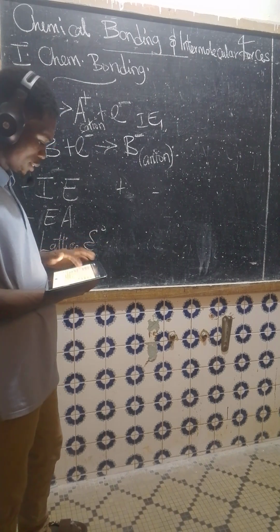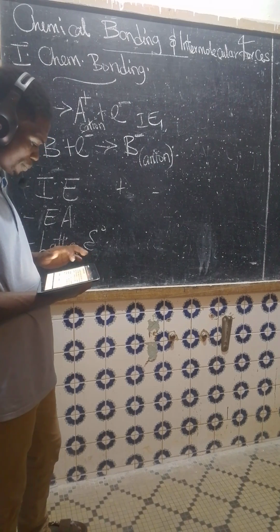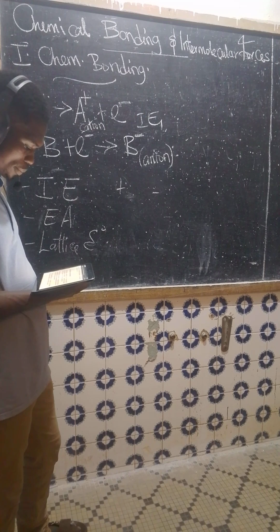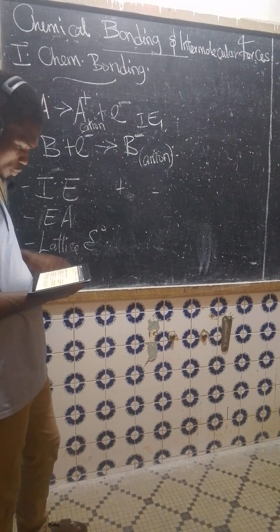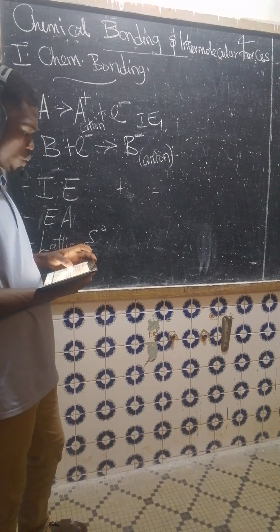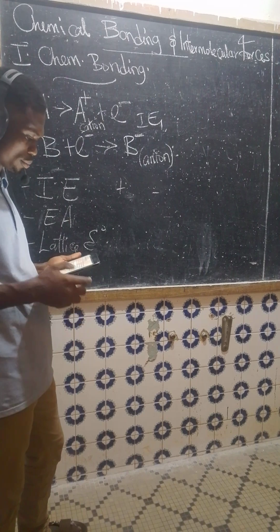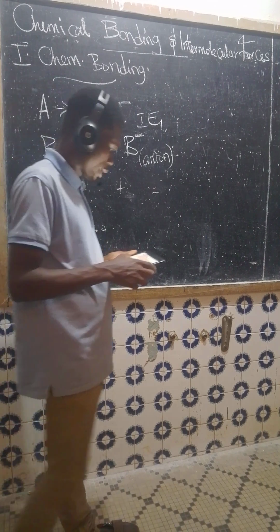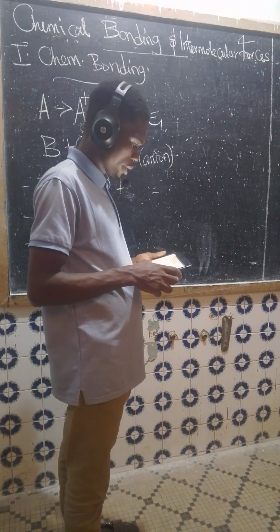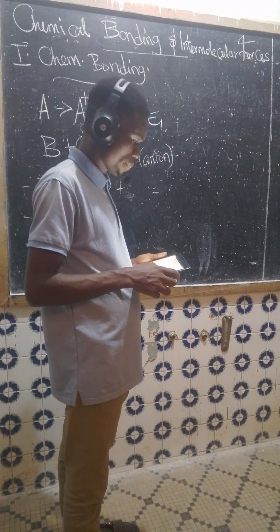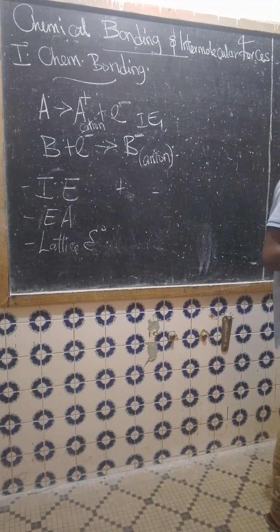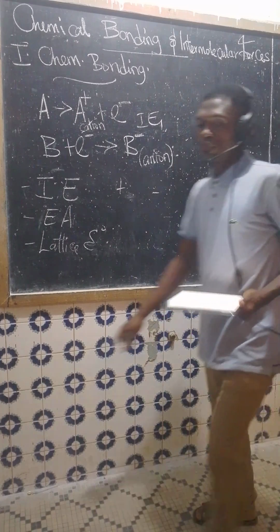We'll now look at the characteristics of ionic compounds. One, they are crystalline in nature. Yes, characteristics of ionic compounds, not in bond now.